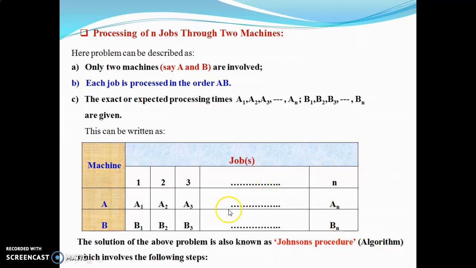The mathematical formulation or the solution of the above problem is known as Johnson's procedure or Johnson's rule. This is called Johnson's procedure or Johnson's rule.